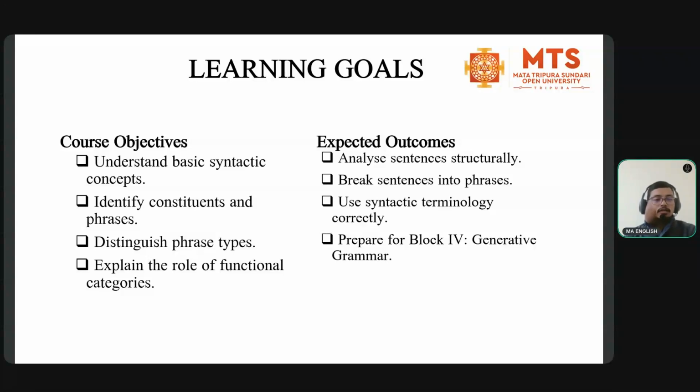These learning goals are important not only for exams, but also for understanding how English grammar actually works. Syntax helps you analyze sentences instead of just memorizing rules. So if you keep these goals in mind while studying, you will find syntax logical and systematic, not confusing.